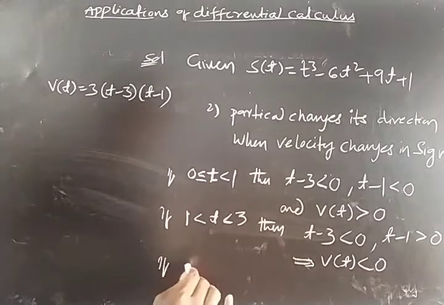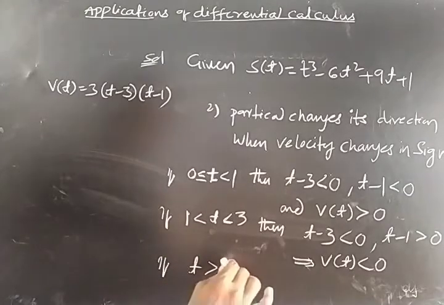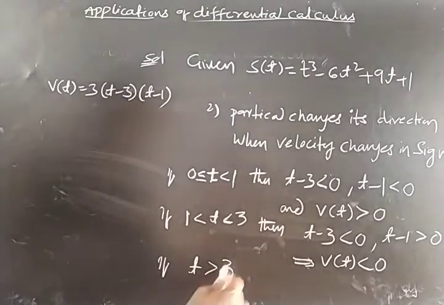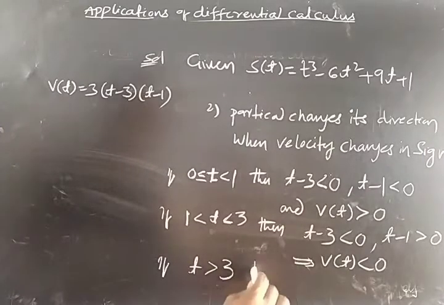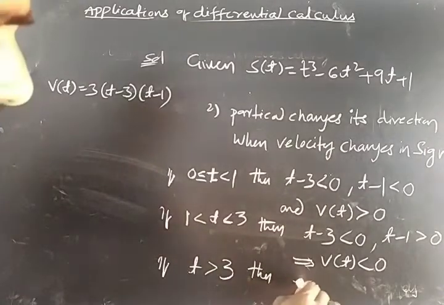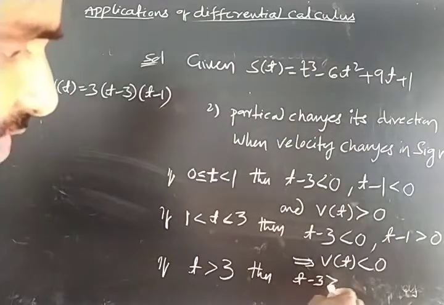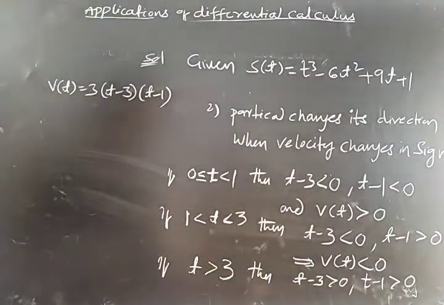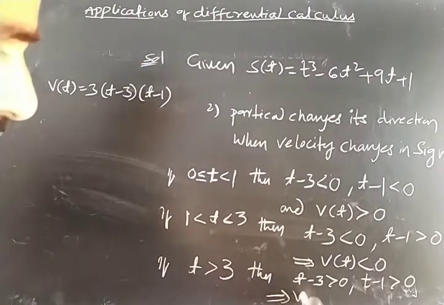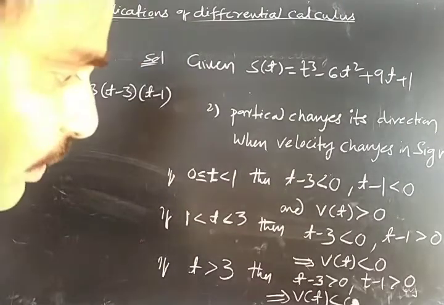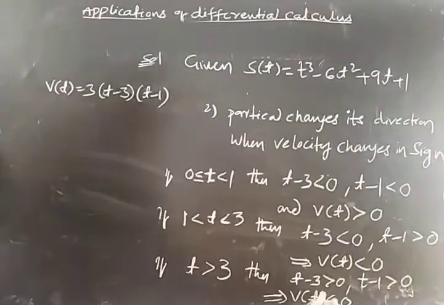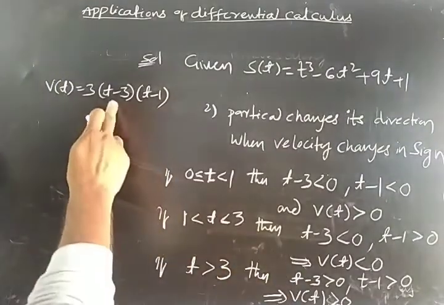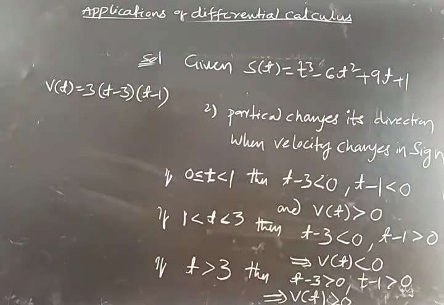Again, I am checking if t is greater than 3. Then the factors t minus 3 and t minus 1 are both positive, so v of t is positive.